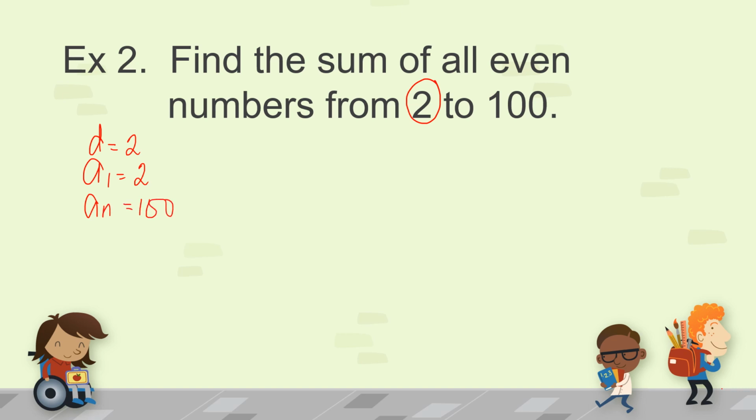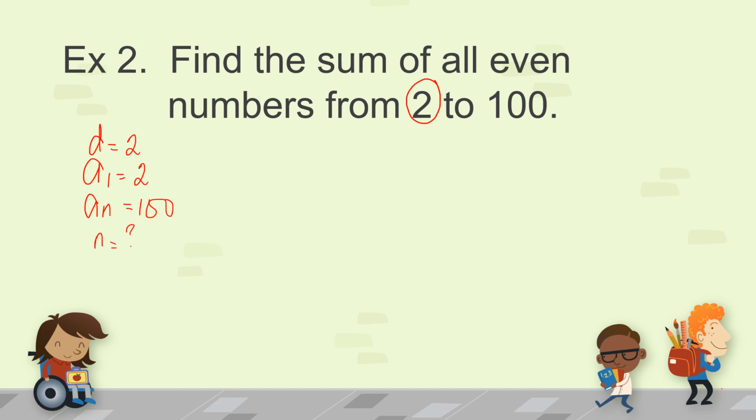Since we have the common difference, a sub 1, and a sub n, is that enough to find the sum using either of the two formulas? We still do not know the value of n. So we have to find first the value of n.